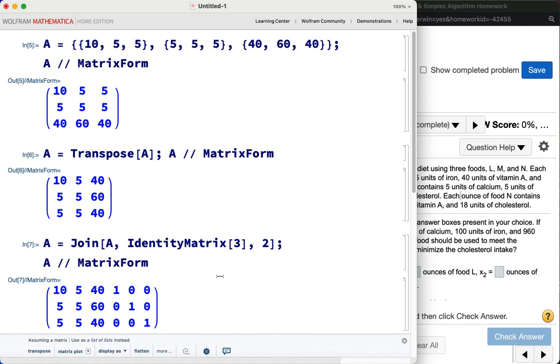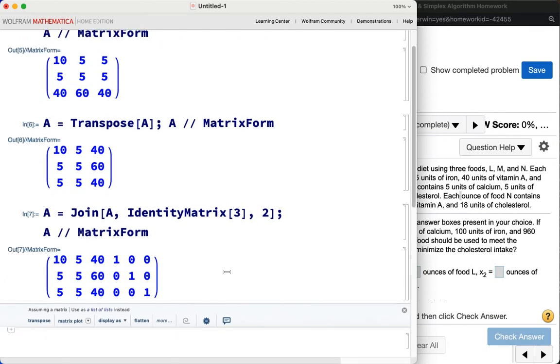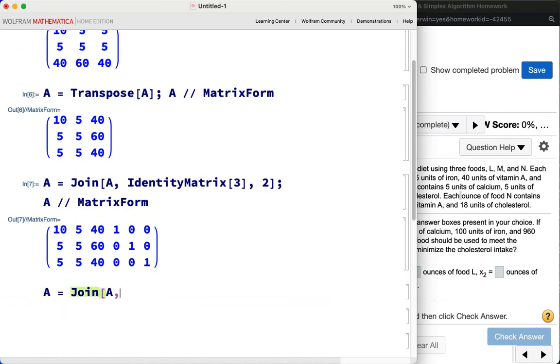This matrix that I have so far needs to be augmented with a column vector of the coefficients coming from the terms of the right-hand side of the cholesterol function. So A is equal to join A 20, 20, 18. Don't forget the 2 because I'm joining matrices, not linear lists.